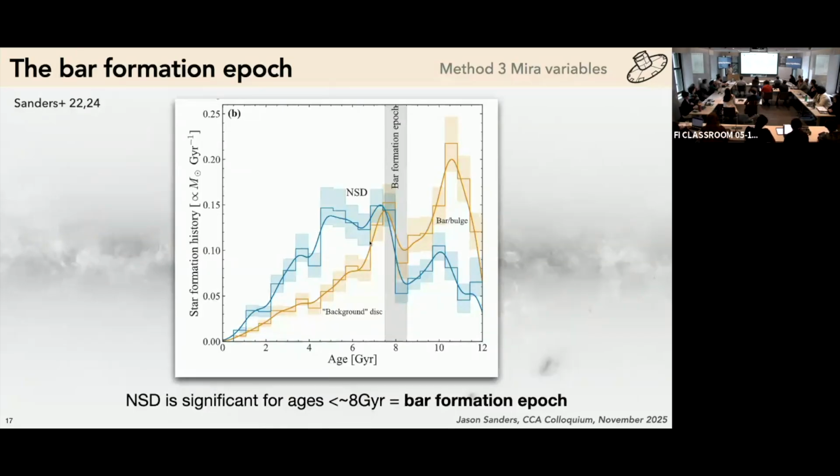So the signal is somewhat subtle, but this seems to indicate that the nuclear stellar disk began forming a significant number of stars about 8 billion years ago. And that's why I'm suggesting that that's the point at which the Milky Way's bar formed.